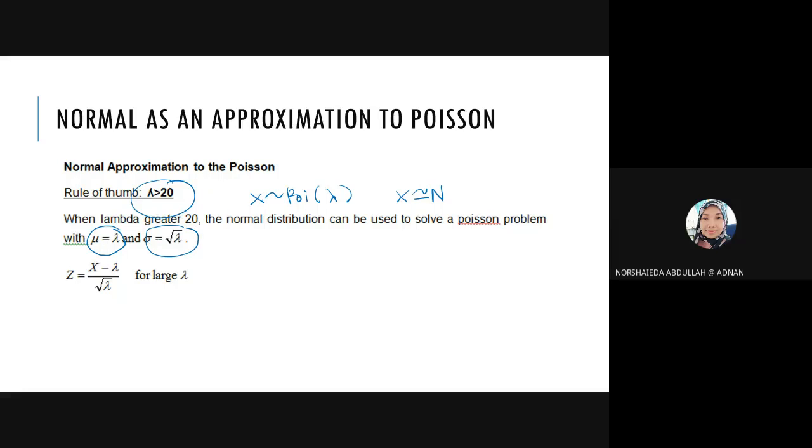So standard deviation is square root lambda, right? So Z is x minus mean over standard deviation. So x minus lambda over square root lambda.